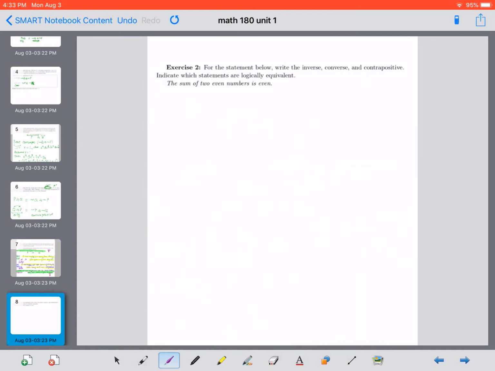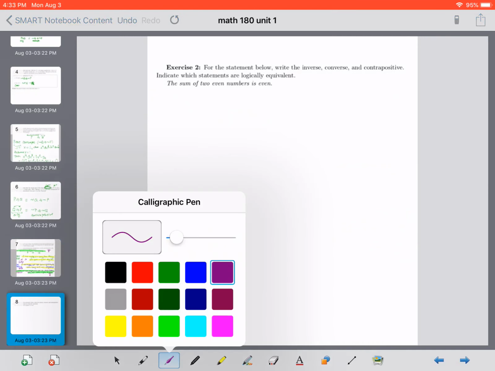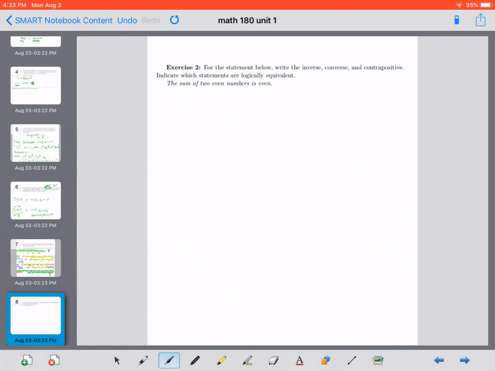Okay. Now, another exercise. We're going to do the same thing here. The sum of two even numbers is even. We want to write the inverse, the converse, and the contrapositive. The problem is, as it's written right now, this doesn't even really look like a conditional statement. It doesn't look like an if-then statement. So the first thing we're going to need to do is rewrite our original statement in if-then form.